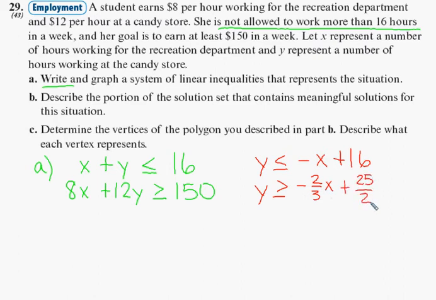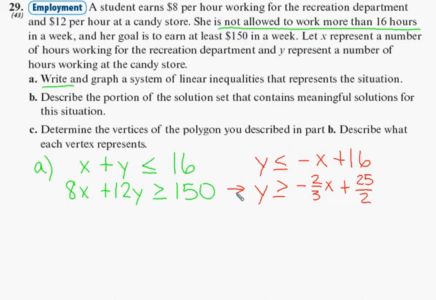Now, if you're not able to do all of this, getting from here to here in your head, you should definitely show your work for all of this, because the practice for you is good, and you will not always have me there to do all the translating into slope-intercept form.